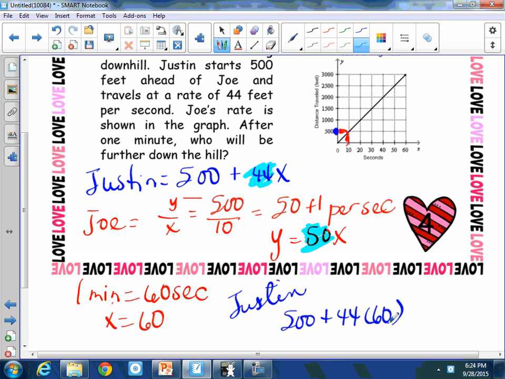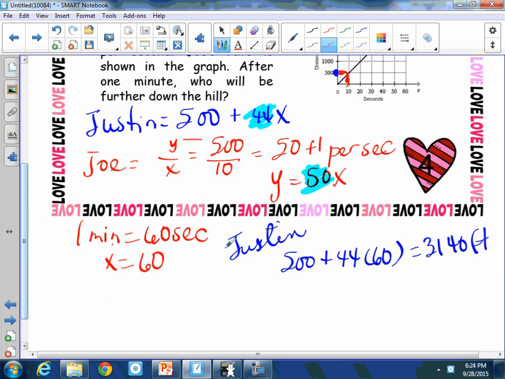That would be 3,140 feet. And then Joe would be 50x, which would be 50 times 60. That would be 3,000.